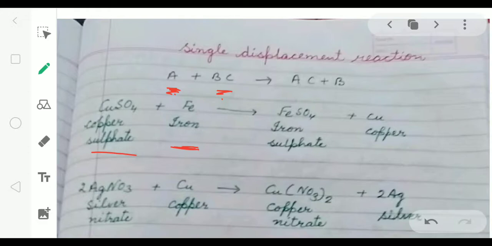New products formed are iron sulfate and copper. Second example, silver nitrate plus copper. Copper is more reactive than silver. So copper replaces silver and it is single displacement reaction.